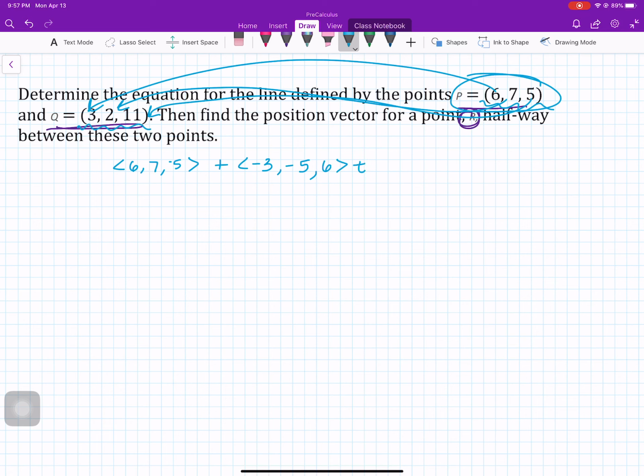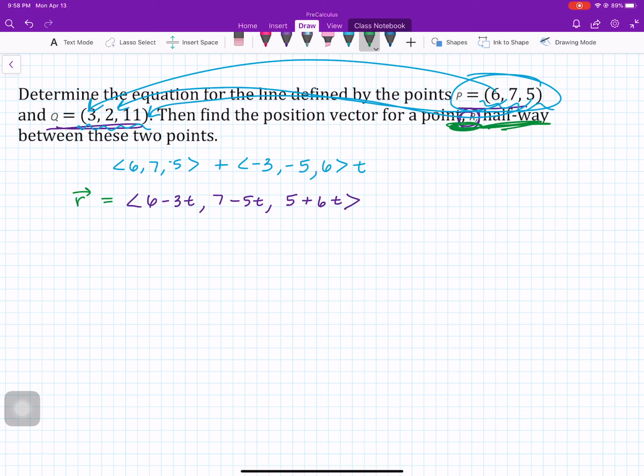So I have that vector equation of the line. And I typically like to write it in component form, just because I feel like it looks a little cleaner. I think it's more of a personal preference thing. So 6 minus 3t, 7 minus 5t, and then 5 plus 6t. Okay? So that's my equation. I want the position vector, the resulting vector, that's halfway between these 2 points.